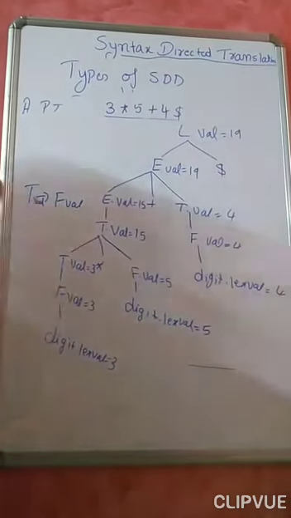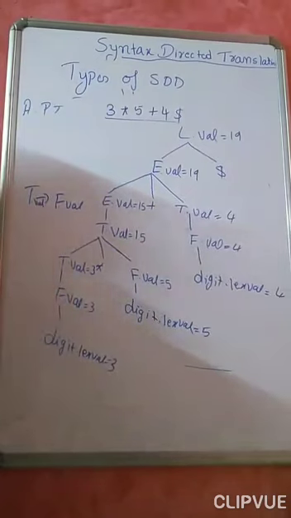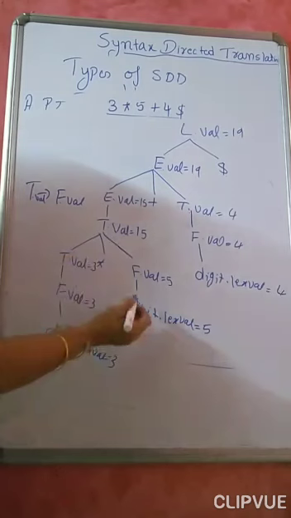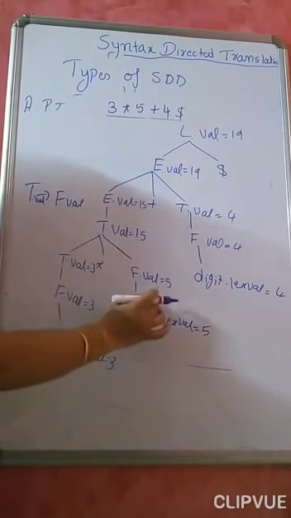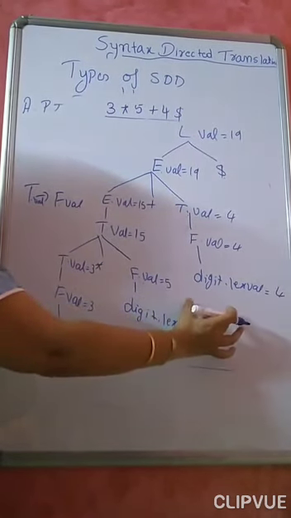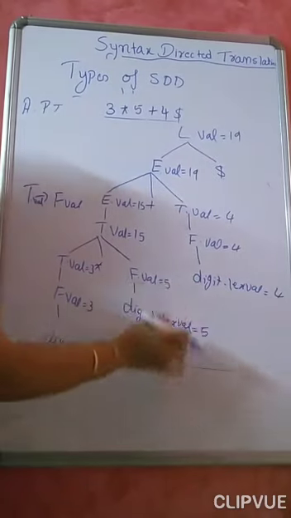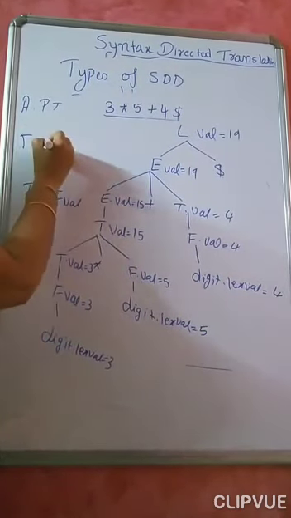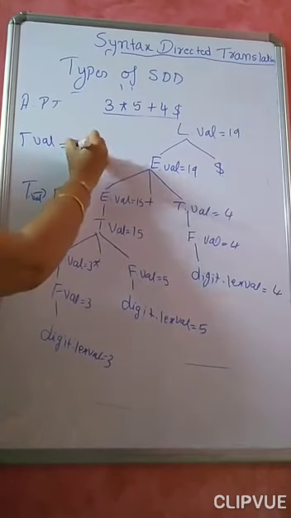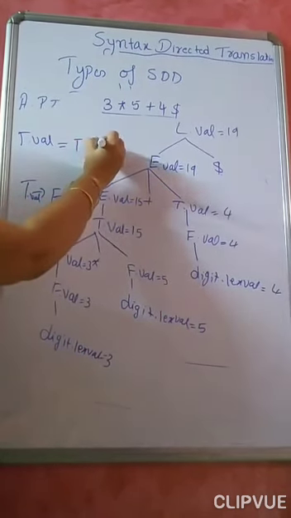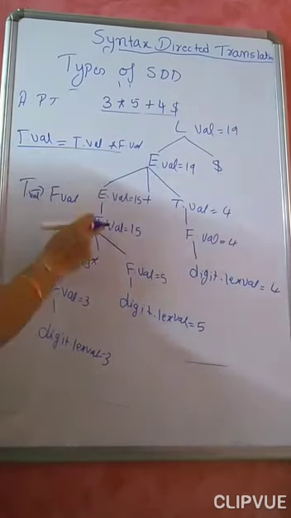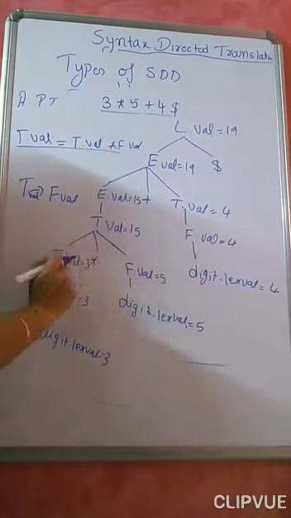I am performing the action, or the rules, associated with each of the productions. Whenever I use a particular production, whatever action or rule is associated with that production, I apply it. So here, T dot value is equal to T dot value star F dot value.